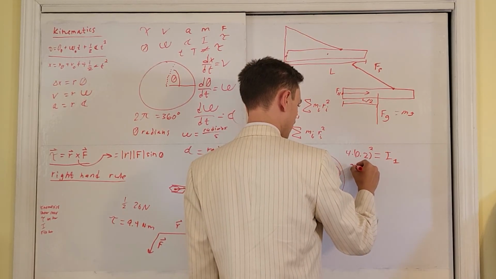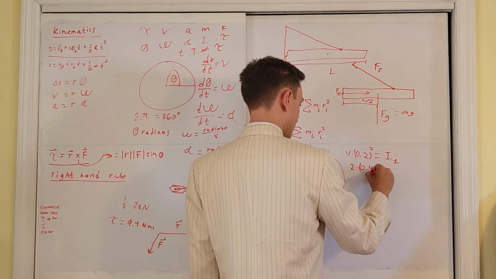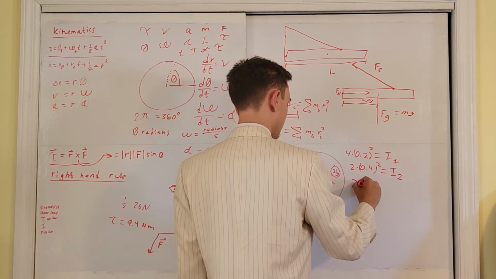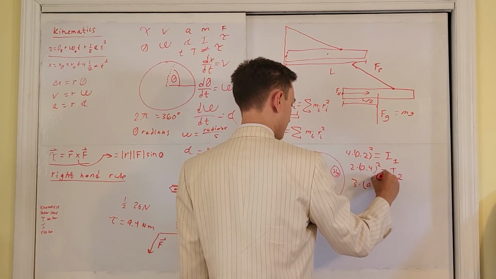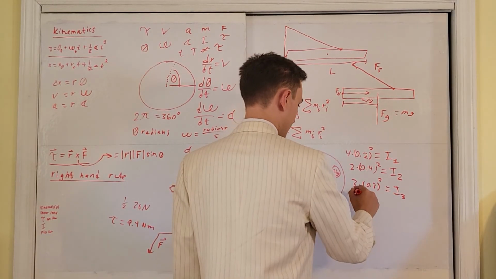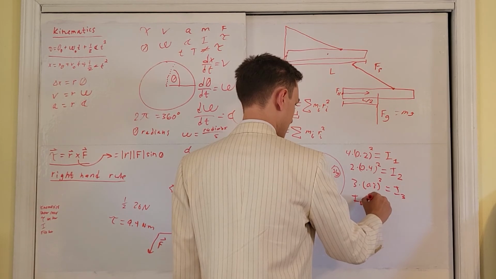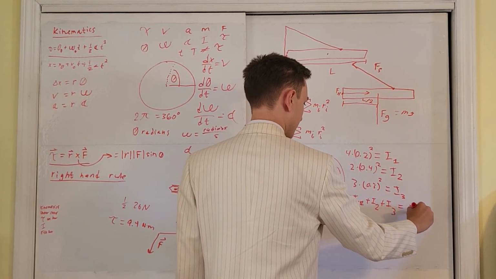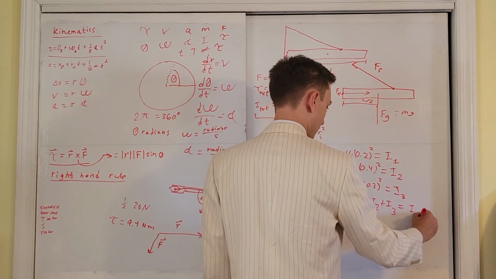I'm going to take 2 times 0.4 squared, that's going to be the rotational inertia contribution from ball 2. 3 kilograms times 0.3 squared, that's going to be the rotational inertia contribution from ball 3. And I take I1 plus I2 plus I3, and I sum them together to get the total rotational inertia.